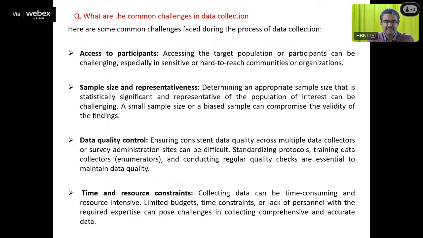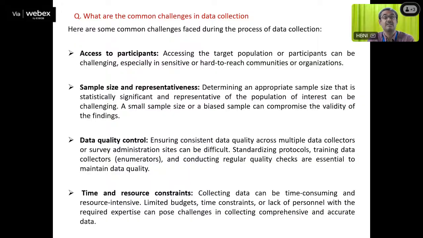What are the common challenges in data collection? One is access to participants. Accessing the target population of participants can be challenging, especially in sensitive or hard to reach communities. Sample size and representativeness: determining the appropriate sample size that is statistically significant and representative of the population of interest can be challenging. Data quality control is another challenge. What is the quality of the data? How will you control that? And time and resource constraints.